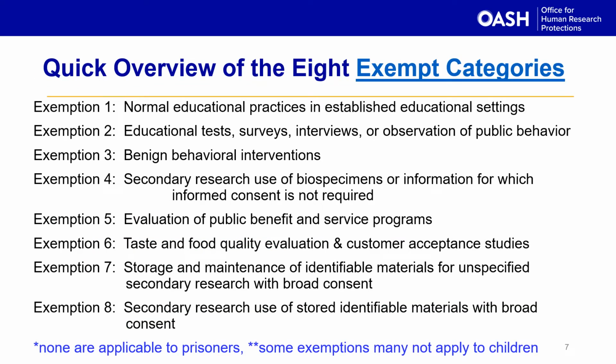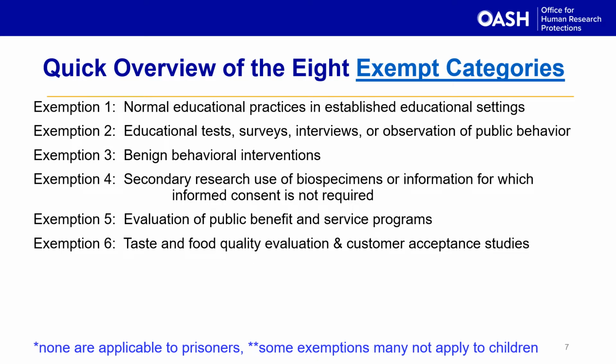If an activity qualifies as research and is human subjects, the next step is to ask, is it exempt? To answer this question, we'll look through the categories of exemptions found in 45 CFR 46.104 to see if one applies. Exemptions 7 and 8 deal with secondary research and broad consent.